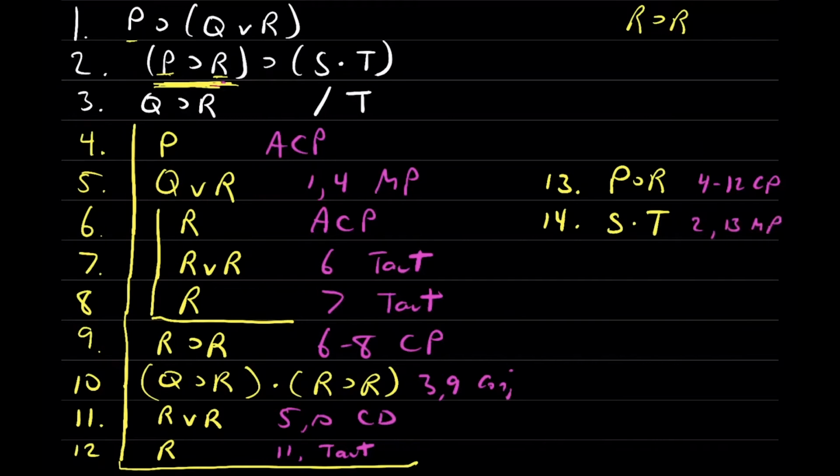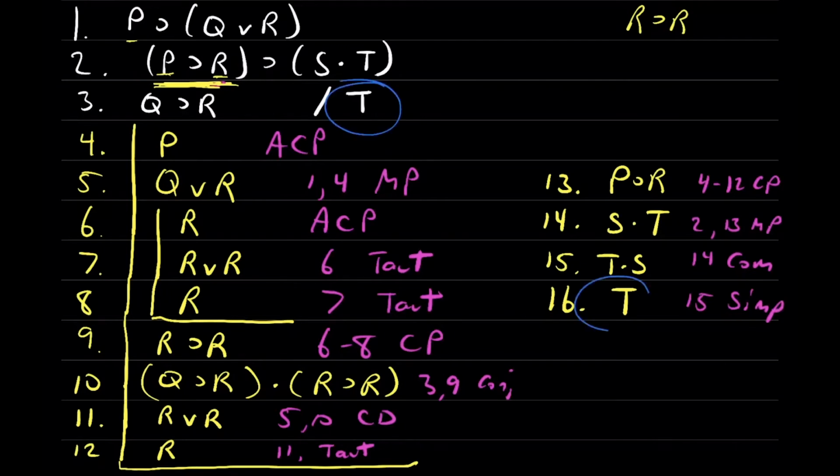Of course, we're trying to get T. So we need to do commutativity, line 15, T and S. So that's line 14 by commutativity. And we're going to simplify to get T on its own line. So line 15, simplification, and we are done. We've shown that T has to follow.